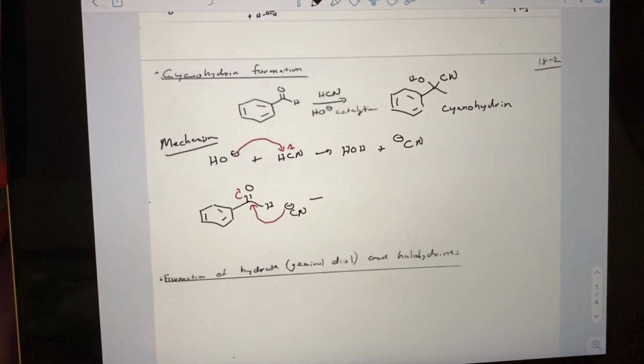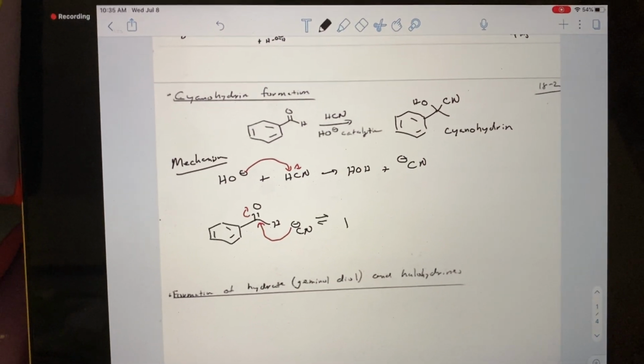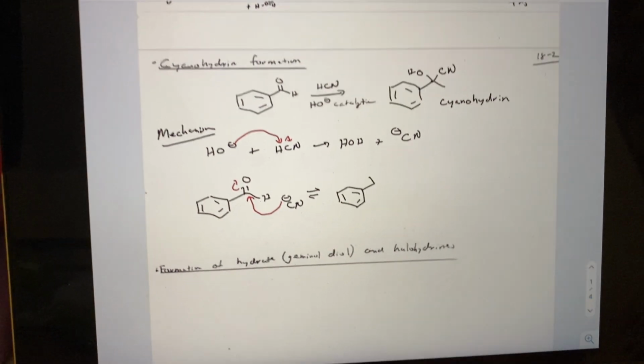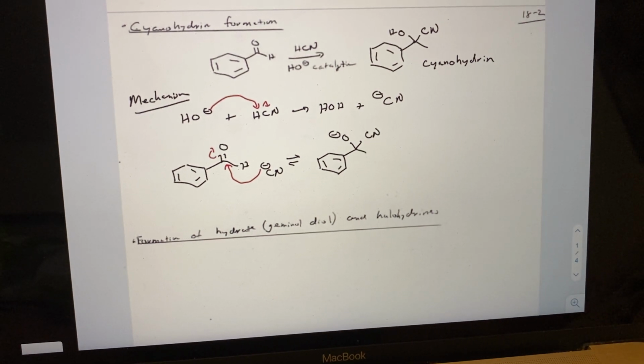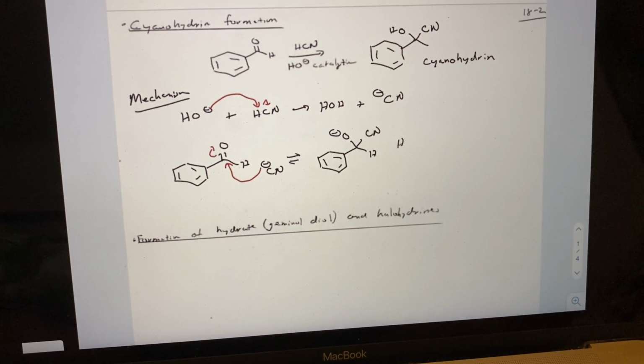I'll stick with the equilibrium arrows, to be consistent. O minus, I'm going to pop the cyano group up in the top so it looks like it is in our product. And then all we need to do is to protonate. So we could have a little bit more water around.